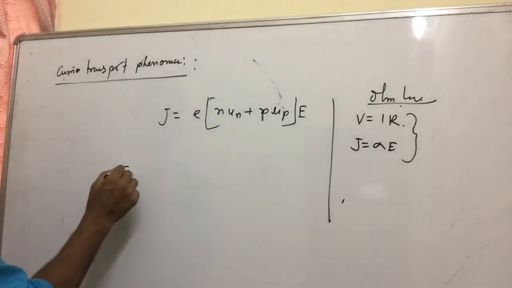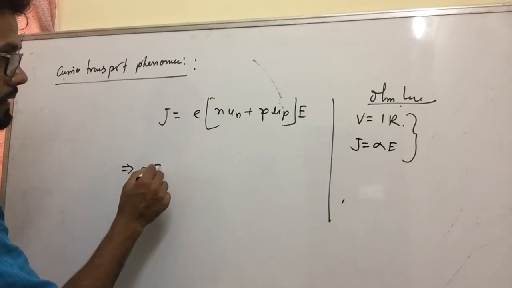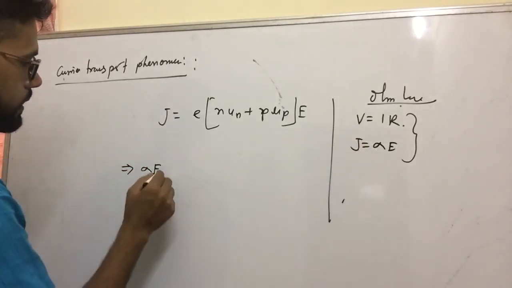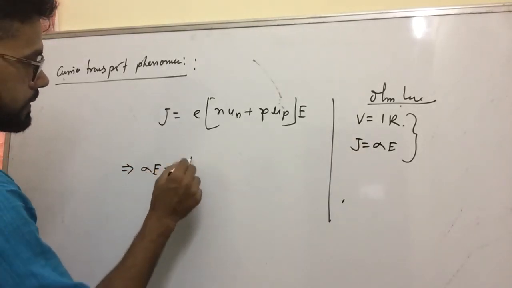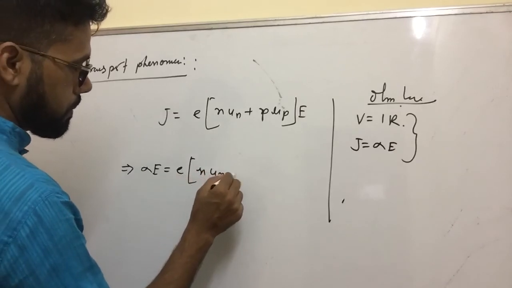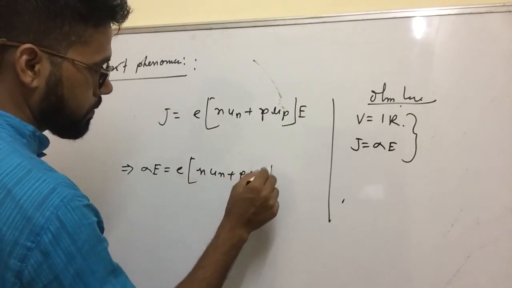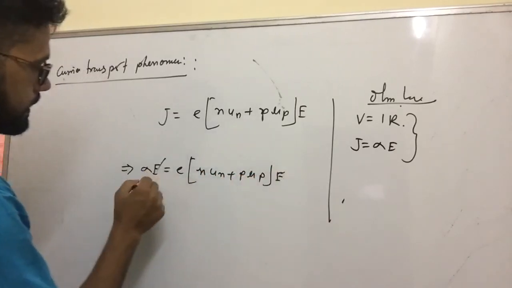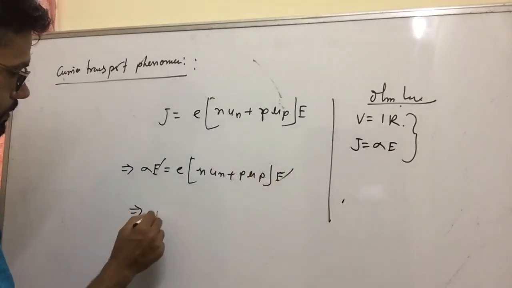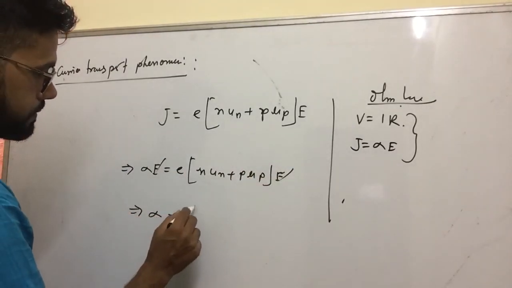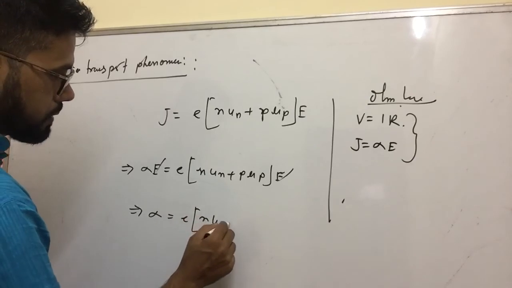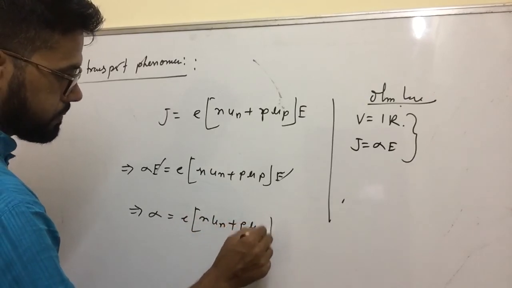If I replace in J equals sigma E, this is sigma, not 9, okay? Sigma E equals E times n mu n plus p mu p. E cancels, so the conductivity is sigma equals e(n mu n plus p mu p).